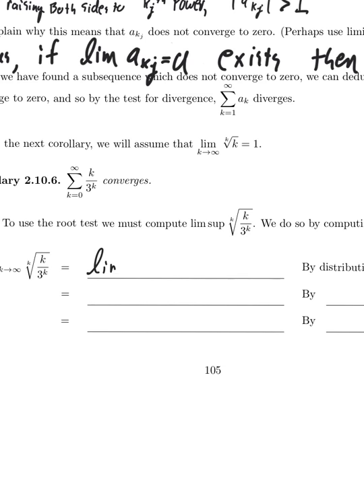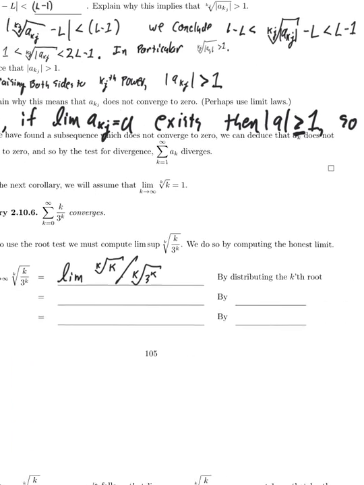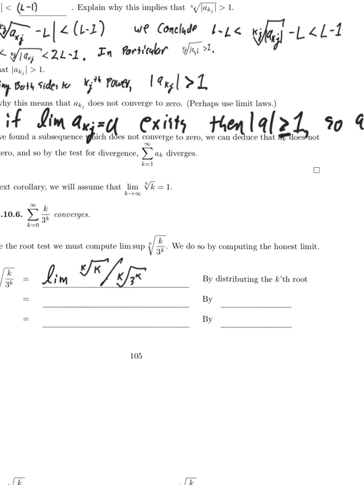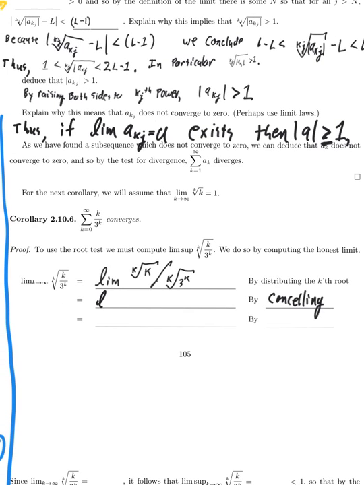That is the same thing as the limit of the kth root of k divided by the kth root of 3 to the k. So I guess the kth root of 3 to the k is just 3, right? By some cancellation. And we wind up with the limit of the kth root of k divided by 3.